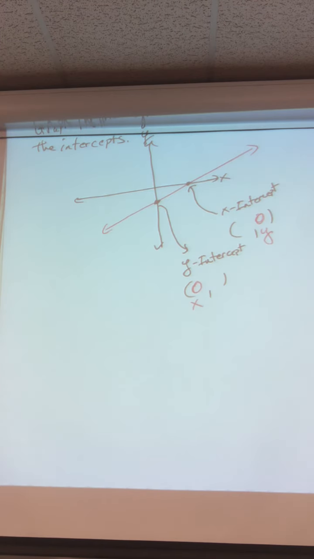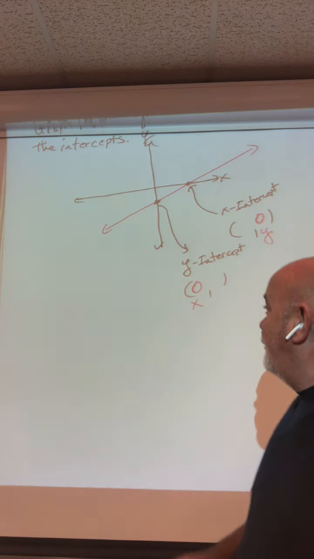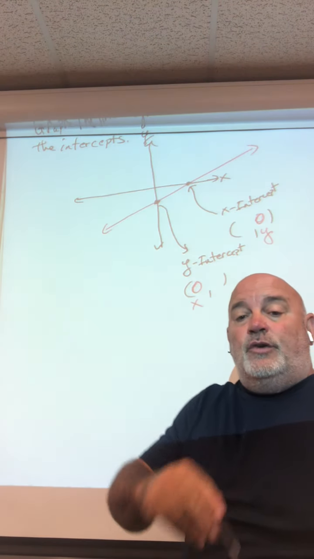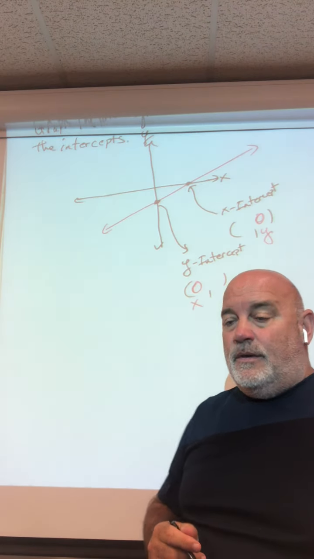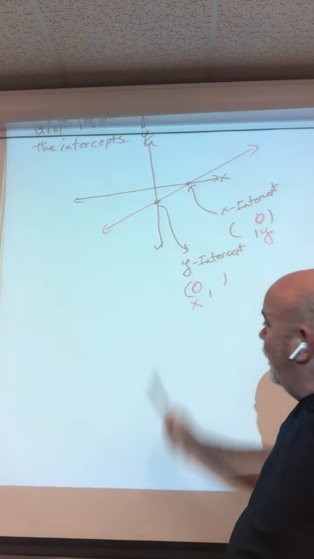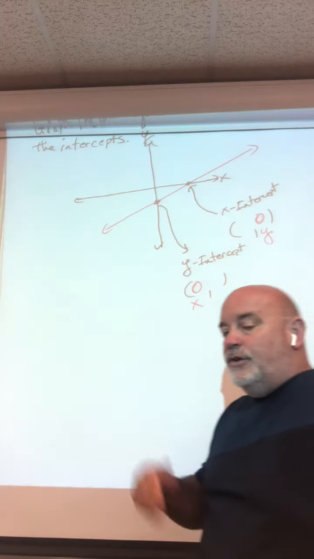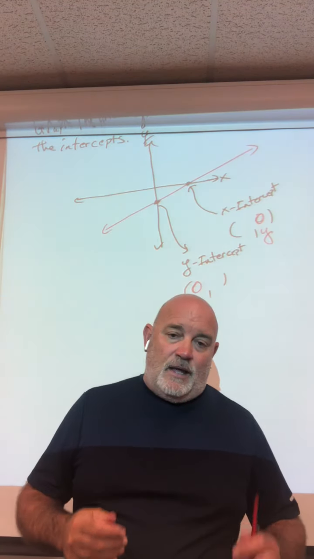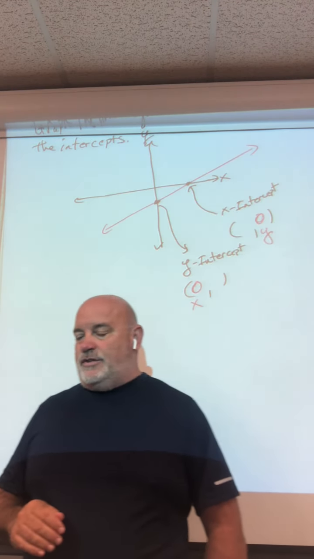So, simply put, if you want to find where a graph crosses the x-axis, choose y to be 0 and find x. If you want to find where a graph crosses the y-axis, choose x to be 0 and find y. So you're still really choosing. You're just choosing 0 for x and finding y, 0 for y and finding x. And that will tell you where your two intercepts are.